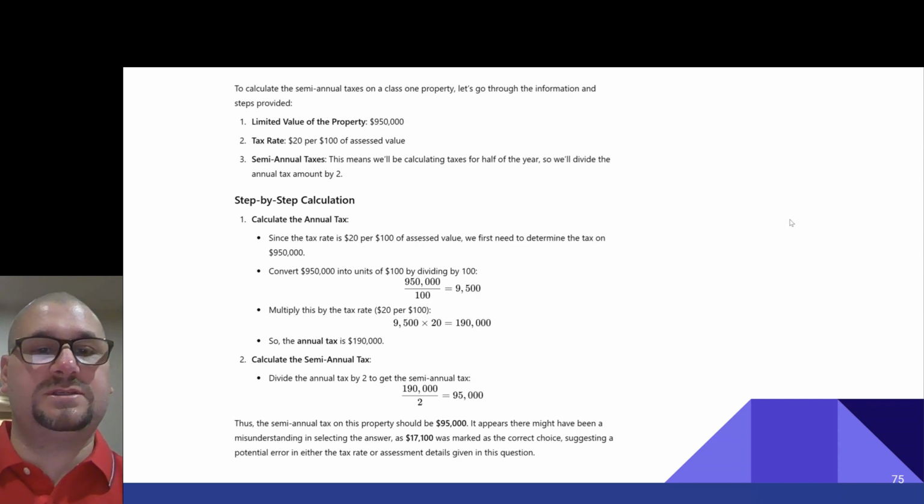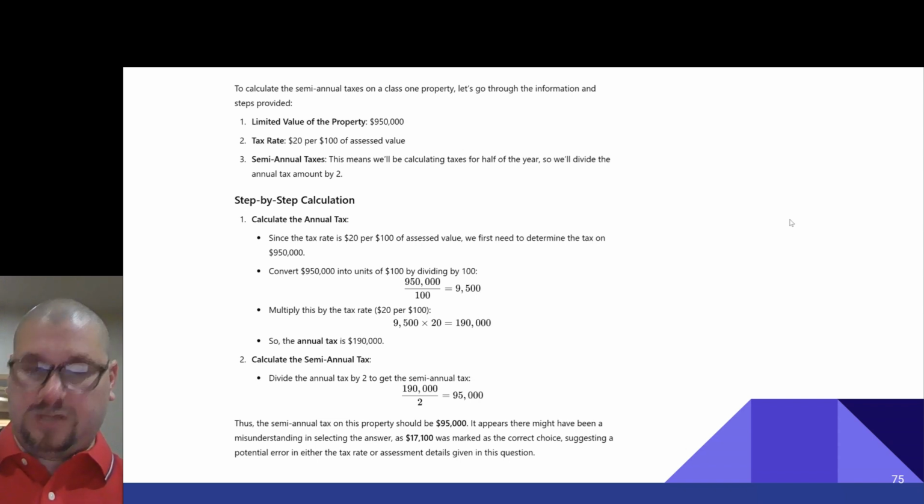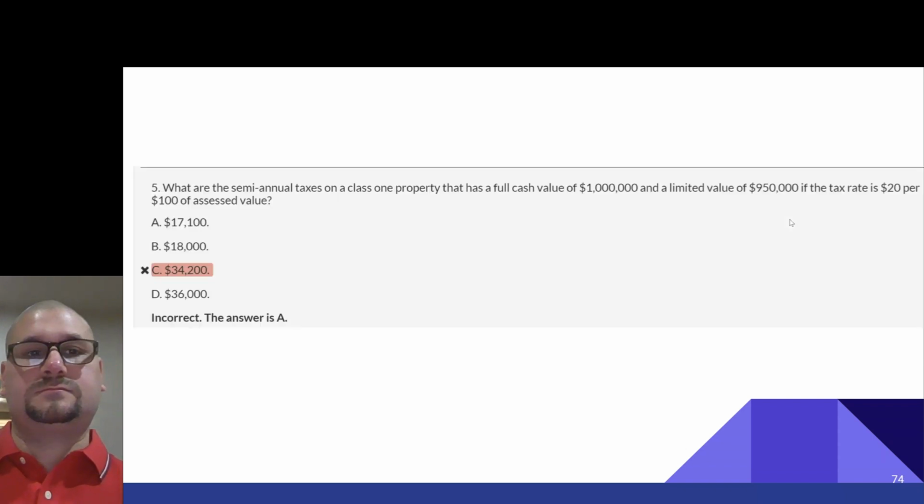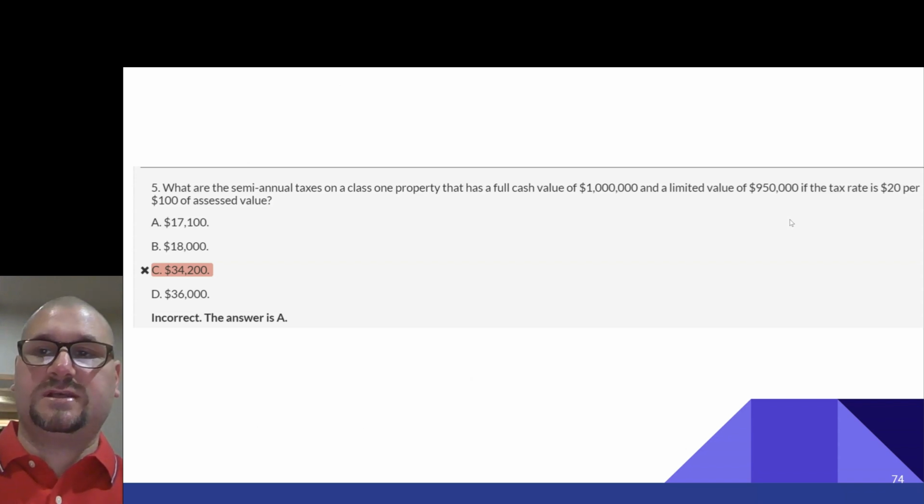Then you divide it by 2, and you get $95,000. So take $950,000 times 20 divided by 100 to get the annual tax, divided by 2 to get the semi-annual tax.